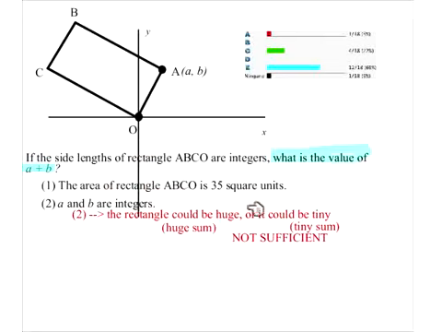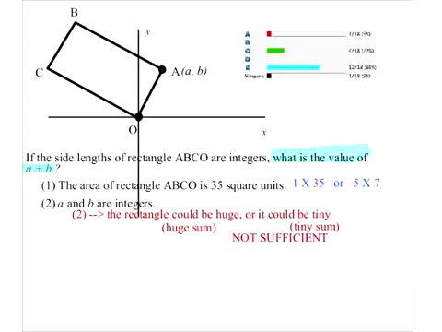What do you get out of that? If the area of rectangle ABCO is 35, then we know that it's at least 1 by 35, or we know that it's 5 by 7. That means AO could be 1, 5, 7, or 35.